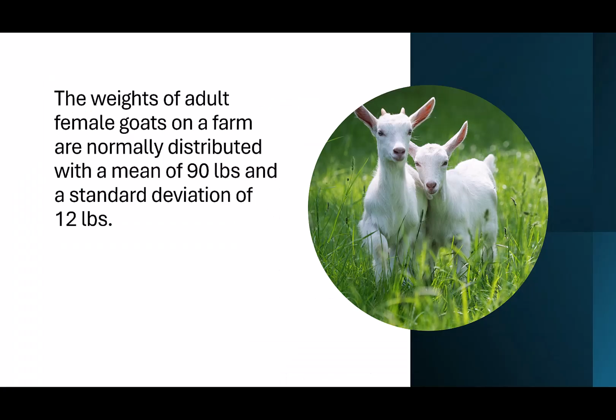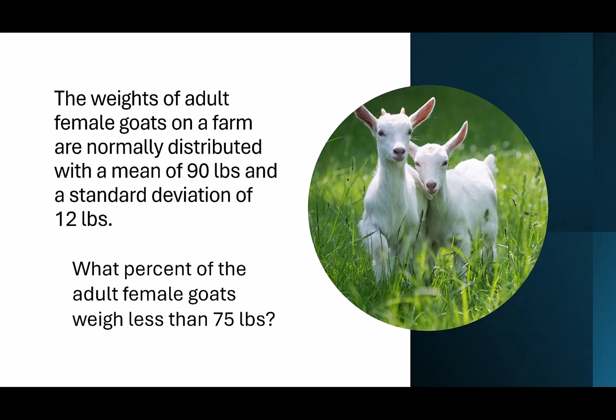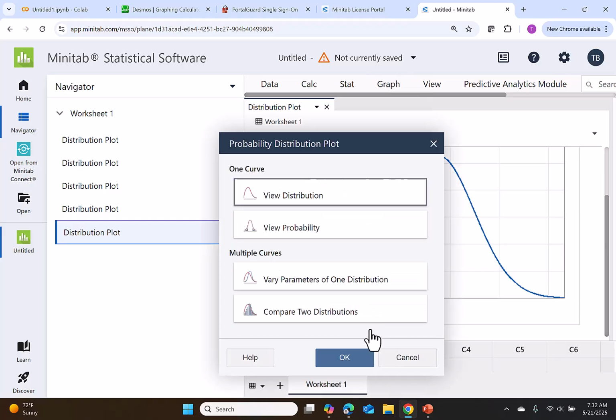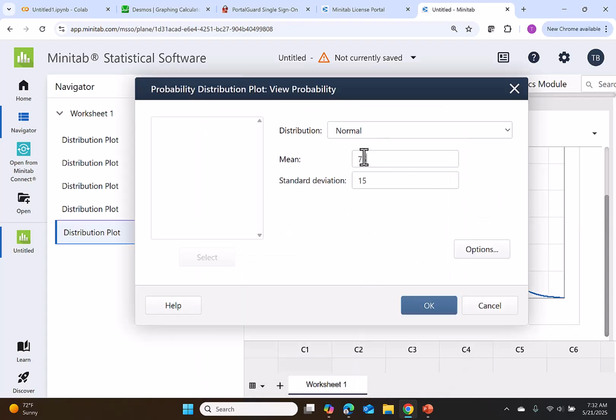Our last two problems will be based on the weight of adult female goats on a farm. It says that they are normally distributed with a mean of 90 pounds and a standard deviation of 12. We want to find the percent of adult female goats that weigh less than 75 pounds. We know that less than is going to be a left tail, so we're finding the probability that X is less than 75. In our graph, probability distribution plot, view probability, we need to change our mean to 90 and our standard deviation to 12.